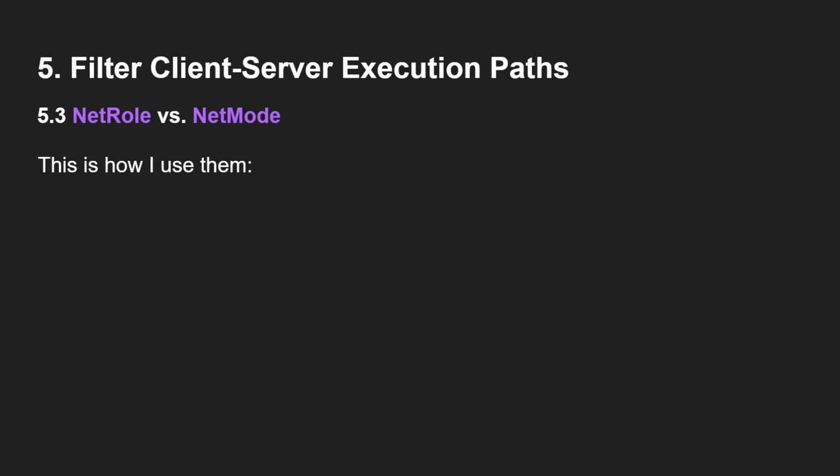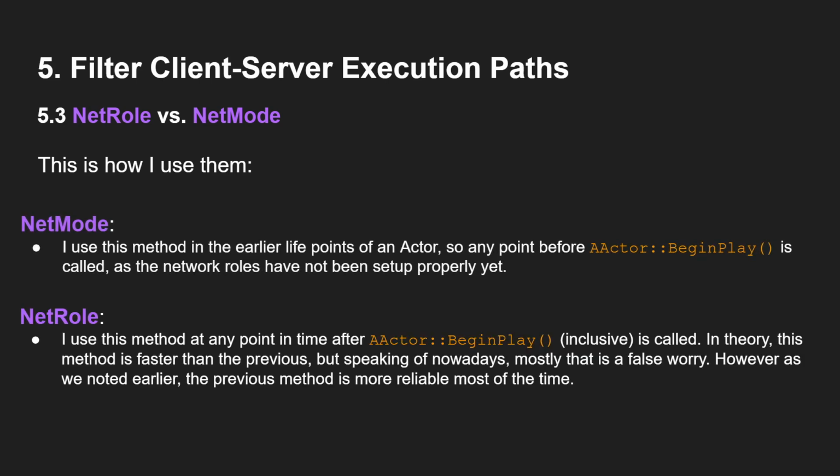And if you're asking when I should use which, this is how I use them personally. Net mode, I use in the earlier life points of an actor. So any point before Begin Play took place, I use the net mode for the simple reason that network roles have not been set up properly yet. And net role is just the other use cases, which is Begin Play and any point in time where Begin Play has already been called.